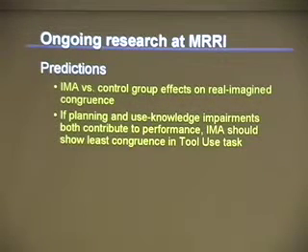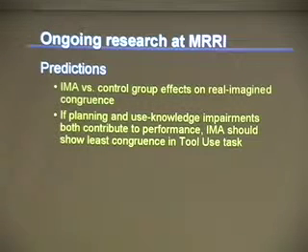We're predicting group effects, so that the apraxic patients will show less congruence between real and imagined actions compared to control groups.